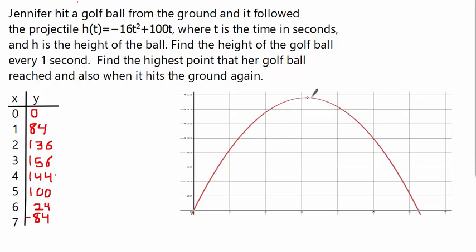When we actually graph and try to make it an even curve, it looks like it's a little bit higher than that. So high point, and we're estimating from our graph, it looks like it's at 158, 157, 158, either of those would be good.